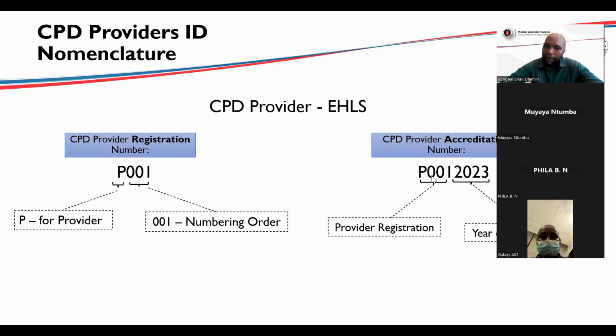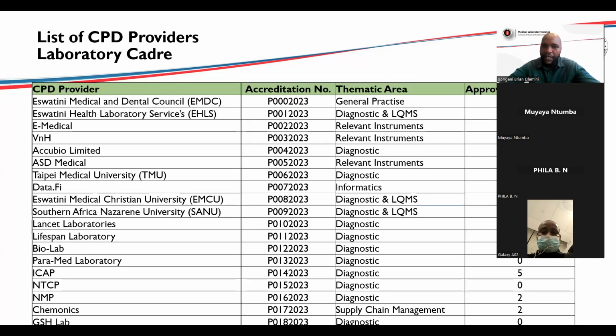And then the year states the year that they were accredited, which is 2023. So this means that their accreditation to be CPD providers for the EMDC of the laboratory cadre will run for 2 years. So in 2025, all the CPD providers you see here should also show interest to say they are still willing to offer CPD activities to the laboratory cadre.